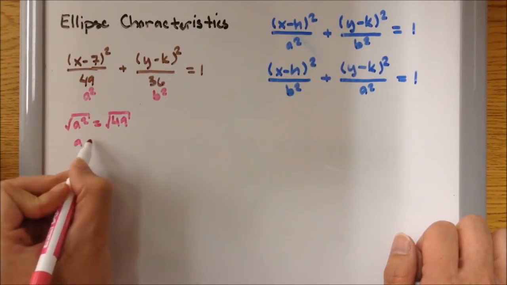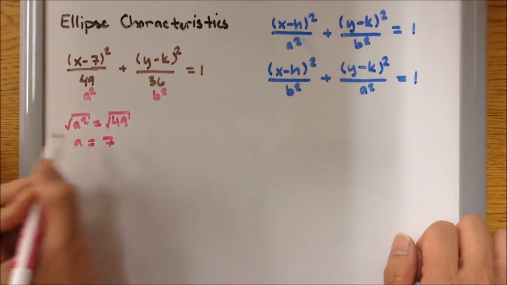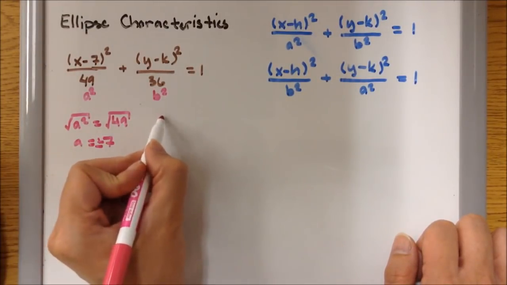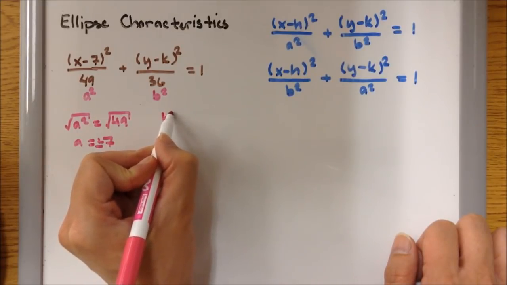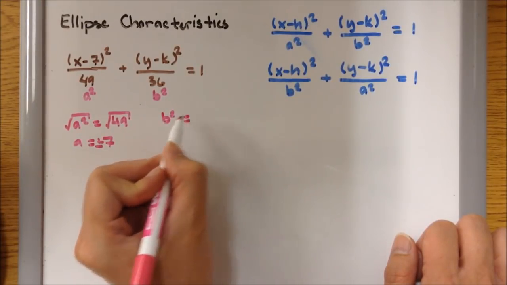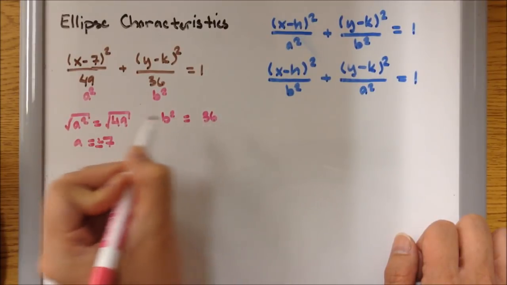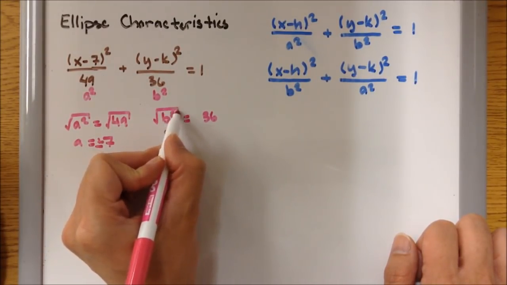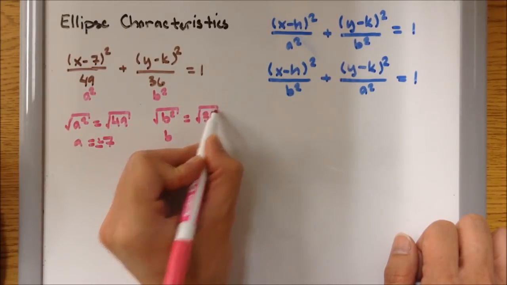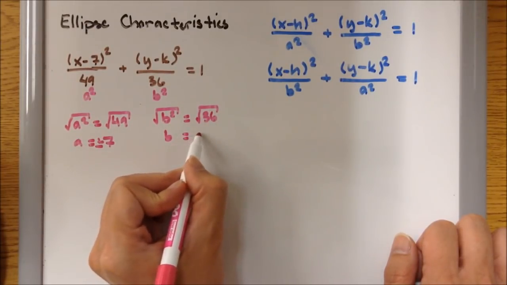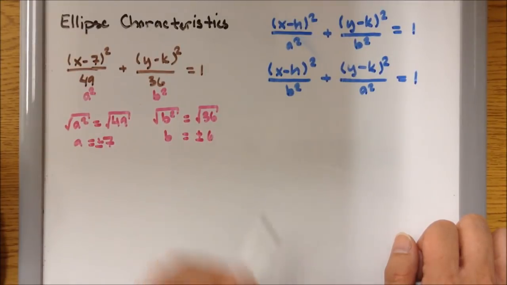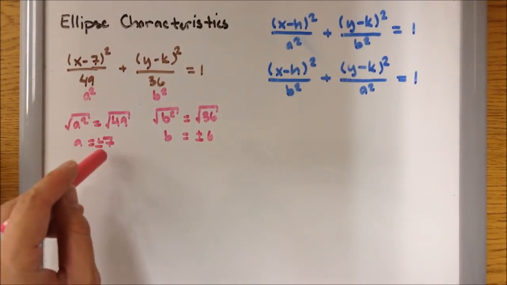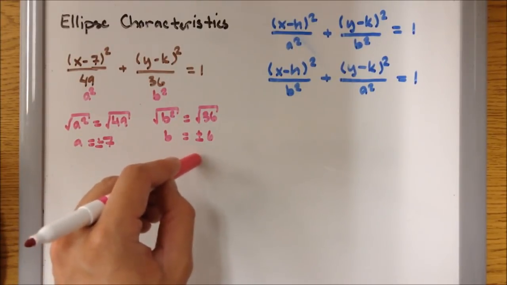So A is plus and minus 7. Now B squared is equal to 36. I want to look for B, so I'm going to take the square root of B squared and the square root of 36. So B is equal to positive and negative 6. So we got A equals positive negative 7, B equals positive negative 6.